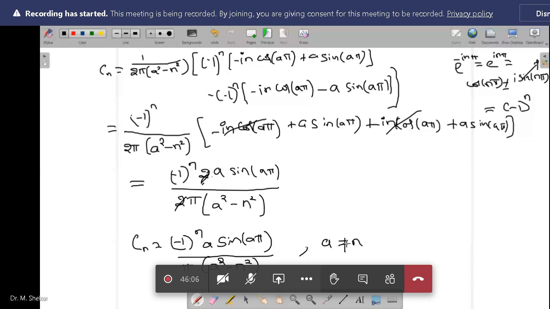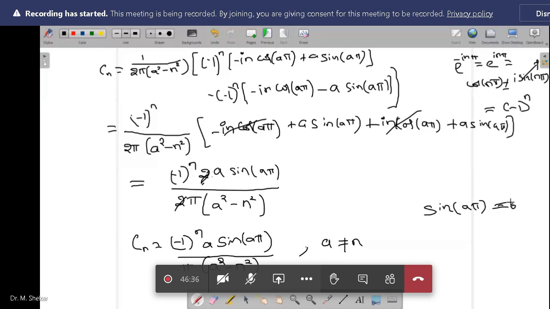When a equals n, then it fails. That means a is not an integer; it should be other than an integer. If a is an integer, say a is 1, then sin a pi is itself 0, right?